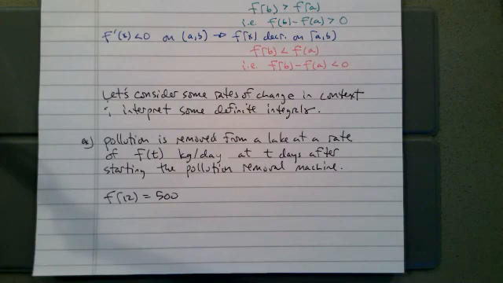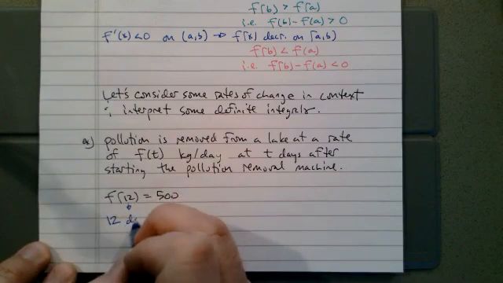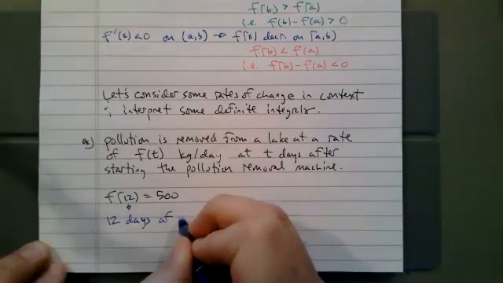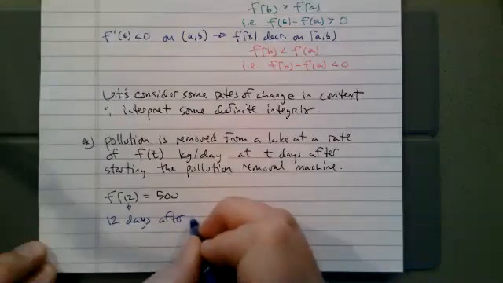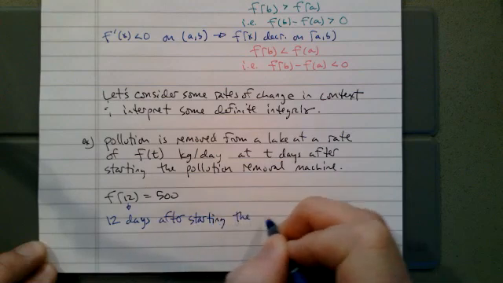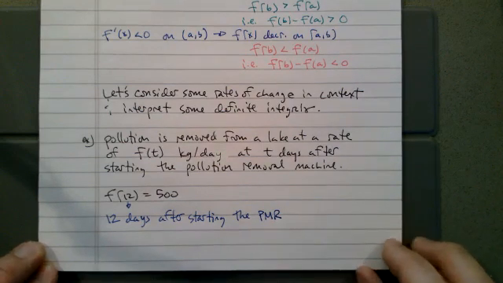So the 12 means 12 days after we started our pollution removal machine, and the 500 represents the rate at which we are removing pollution. So we could say 12 days after starting our pollution removal machine, known as a PMR.